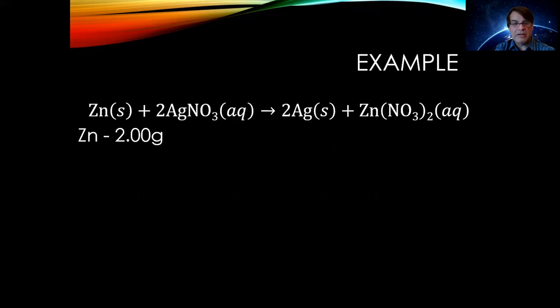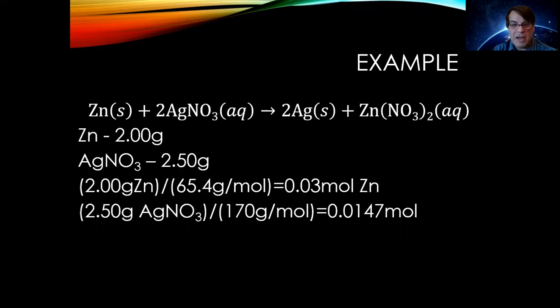Okay, now let me go back to the original equation here. Actually, it's at the top. I don't have to. So I need 2 silvers for every 1 zinc. It looks like, well, there's no contest here. I've got way more zinc than I have silver nitrate. I need twice as much silver nitrate as I do zinc anyway, so I need even less of this.